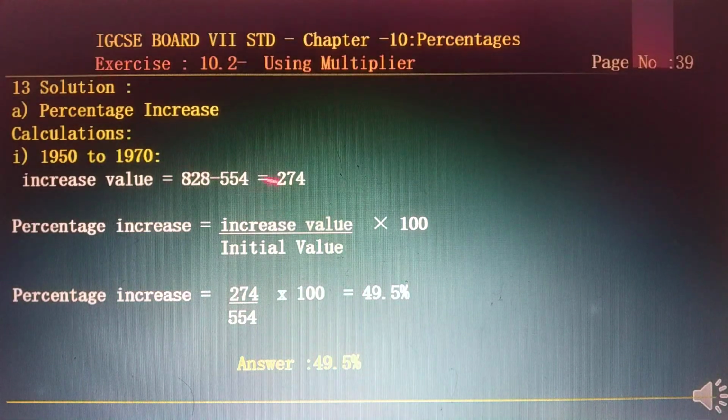Finally we are getting 274, that is the increase value. The basic formula: percentage increase equals increase value upon initial value into 100. 274 upon the initial value 554 into 100, we are getting 49.5%. That is the final answer.